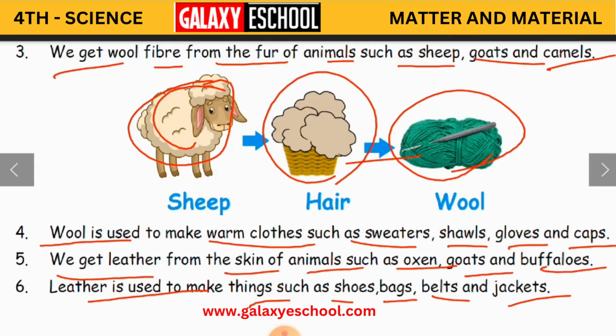So we use them in our daily life. Clear, children? So through animals, what are we getting? We are getting fiber, we are getting wool, and we are also getting leather. And from these three different materials, so many materials are made by man, that is man-made materials, which we use in our daily life.